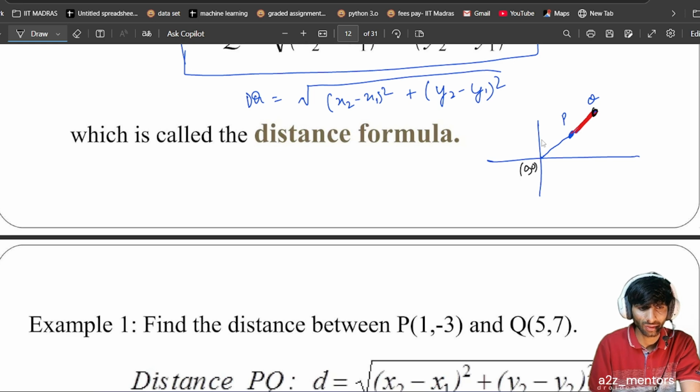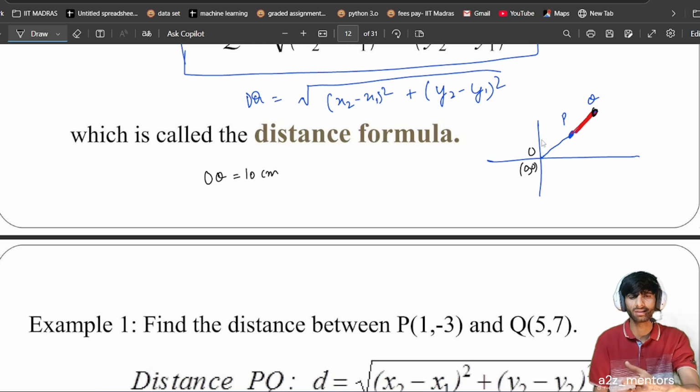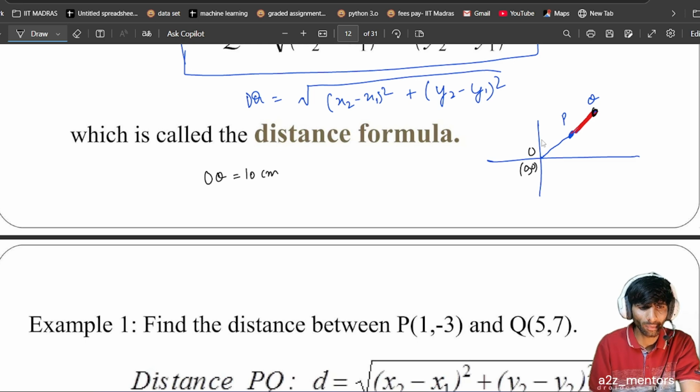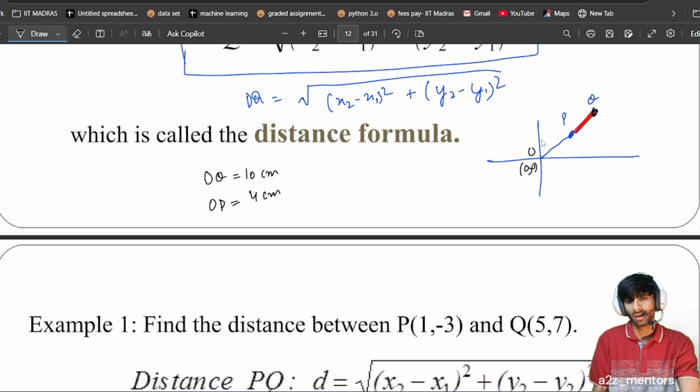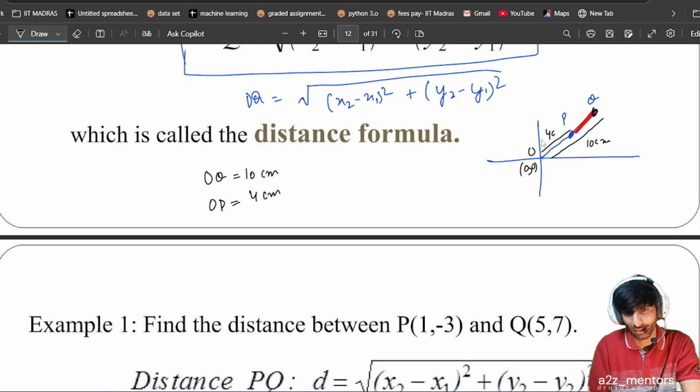If I say this OQ distance, O is the origin point. So this OQ is 10 centimeter, if I take a simple value for this, and this OP is 4 centimeter.